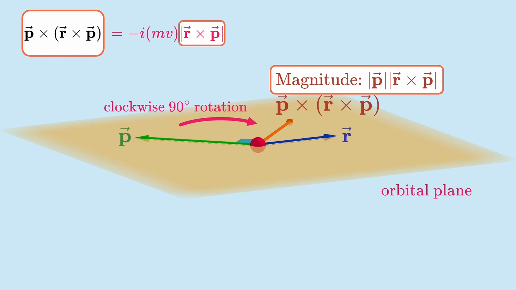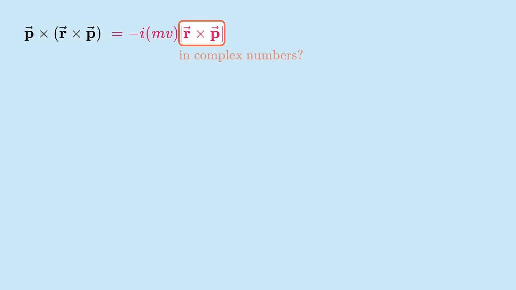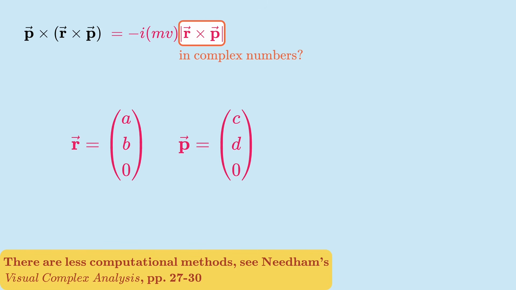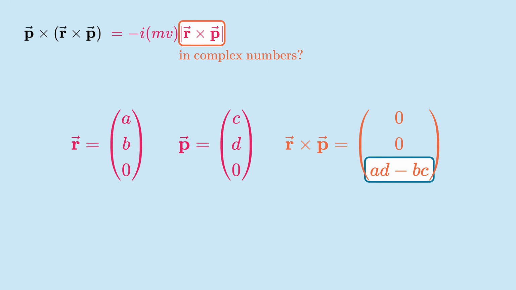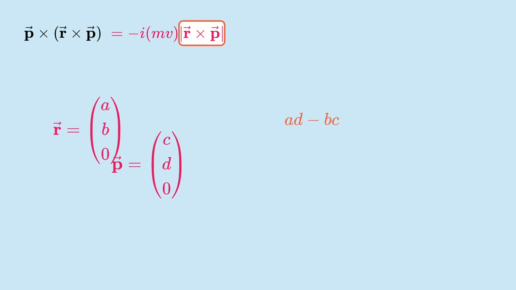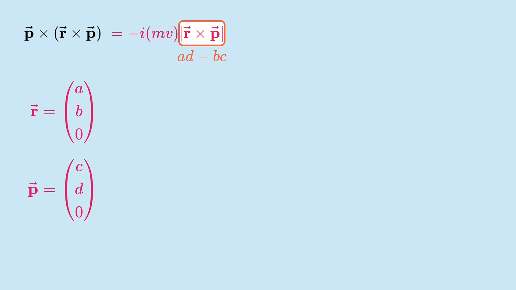What remains is to express this magnitude using complex numbers. We let r and p be on the z equals 0 plane with these components. The cross product has only one non-zero component, which can be calculated with the crisscross pattern giving AD minus BC. This is also the magnitude.